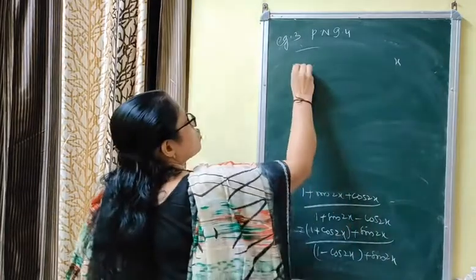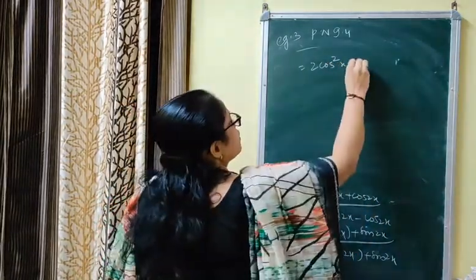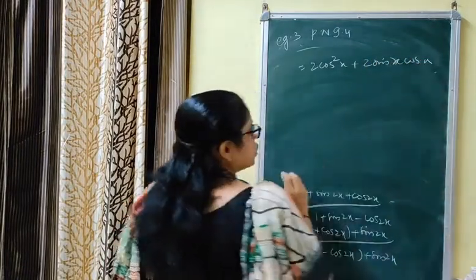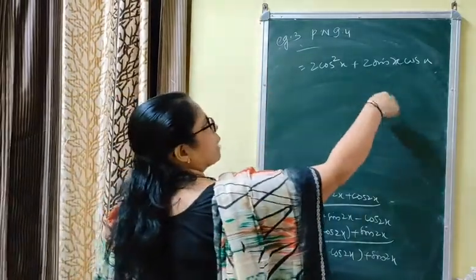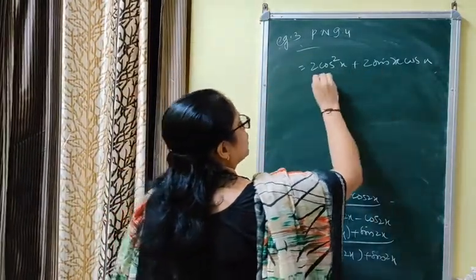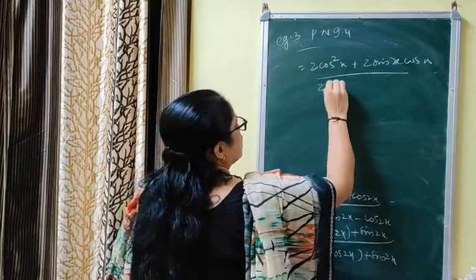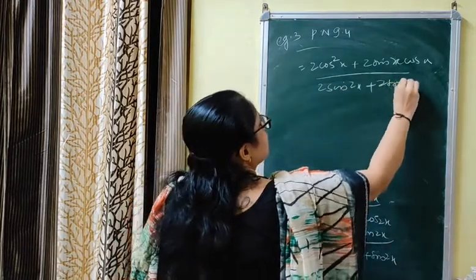Again, 1 plus cos 2x is 2 cos square x, and sin 2x can be written as 2 sin x cos x. Why? Because we want the angle in terms of x only, so that everything in 2x is changed into a single term. 1 minus cos 2x is 2 sin square x, again plus 2 sin x cos x.